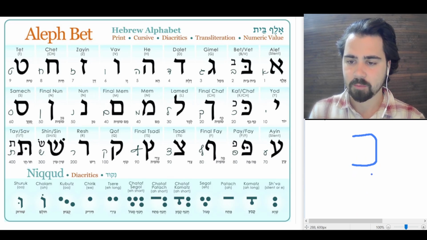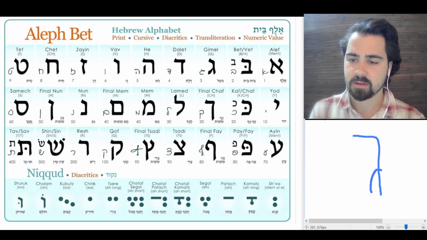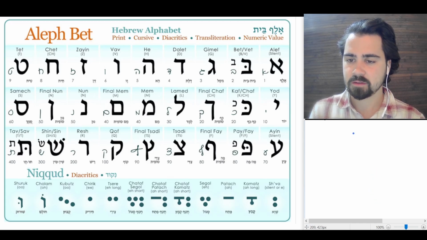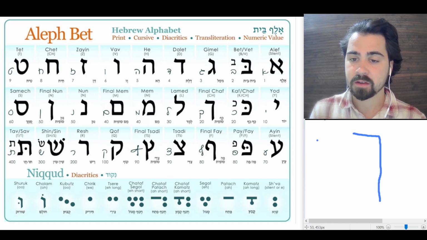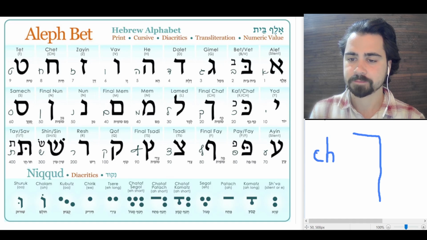So from this to this. And this is the final Chaf. So we don't have a final Kaf with a dot. We only have a final Chaf, no dot.